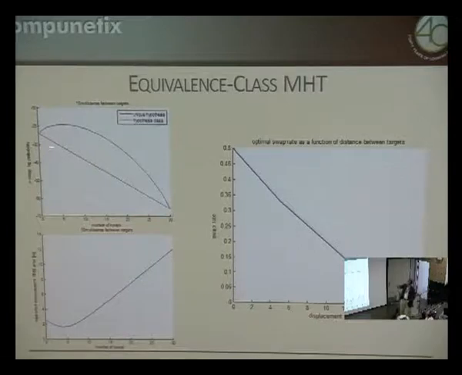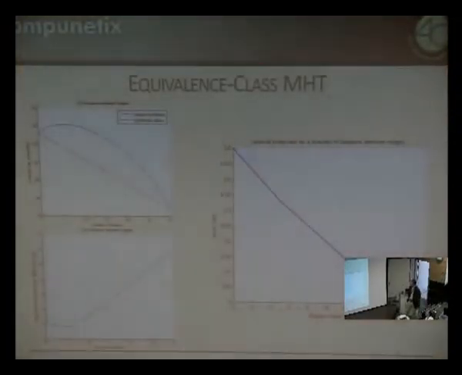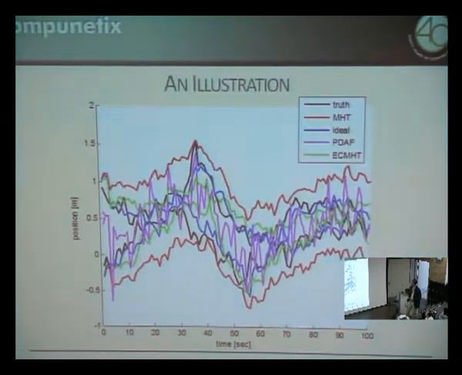And so if you reason over that set of hypotheses, you can see that there will be an optimal number of swaps to be introduced as a function of target separation and uncertainty. And so that leads to the type of filtering result that I showed you yesterday with this equivalence class MHT.